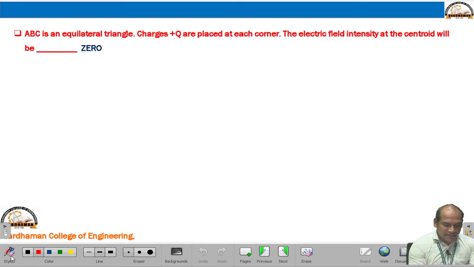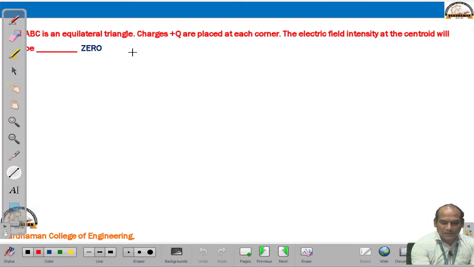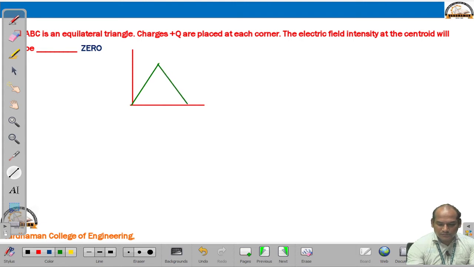So I am taking here one equilateral triangle, this is the x axis, y axis I am taking, then this is the equilateral triangle.